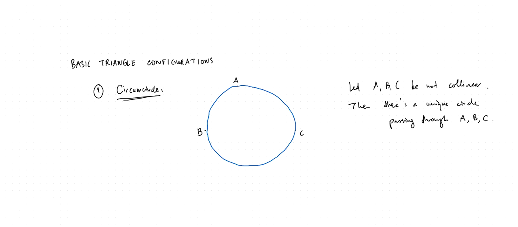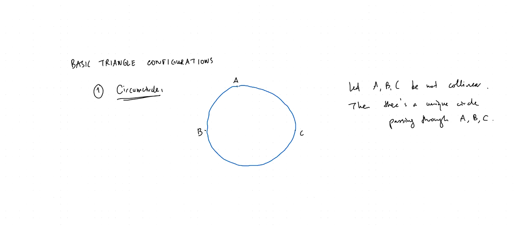But first of all, we need to prove that there exists a circle. Well, the approach is, first of all, let's find the center, then the circle will automatically be found, because the radius will be just the distance of that center to the vertices. So we need to find the point which has equal distance to all 3 vertices. How can we prove that there exists this unique point?